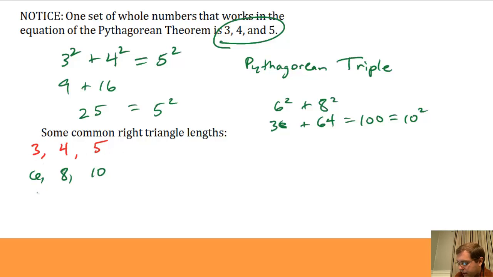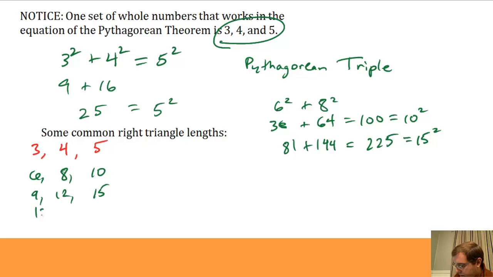Similarly, if I take 3, 4, and 5 and multiply them all by 3, like 9, 12, and 15, those together satisfy the Pythagorean theorem, because 9 squared is 81, 12 squared is 144, 81 plus 144 is 225, which is 15 squared.